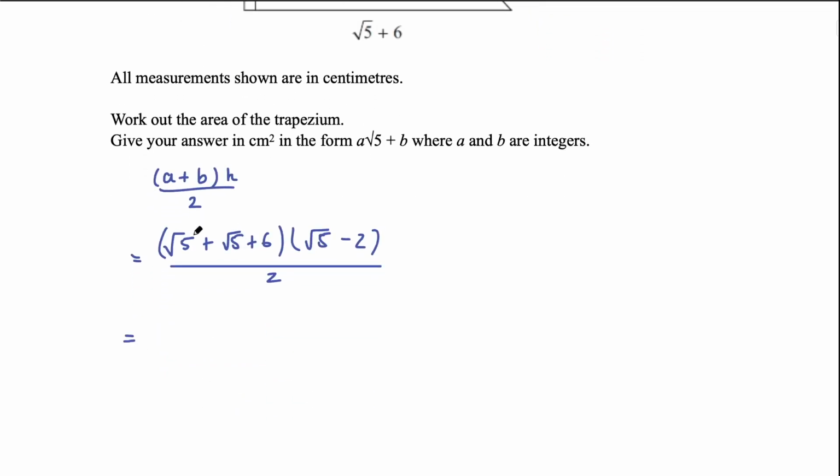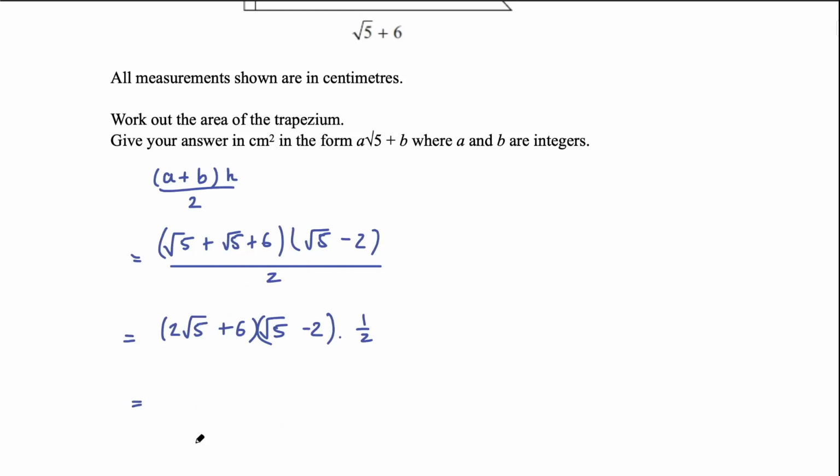Okay, next, I might simplify this first bracket before I expand them out. So root 5 plus root 5, that's like 2 lots of root 5. So we can write that as 2 root 5 plus 6 times root 5 take 2. And I might just multiply all this by half to save me having to write that large fraction line out.